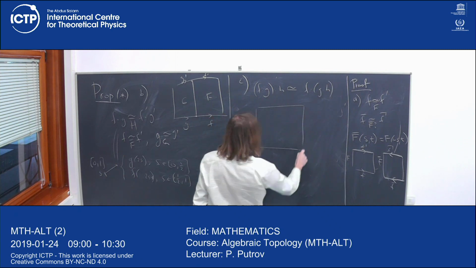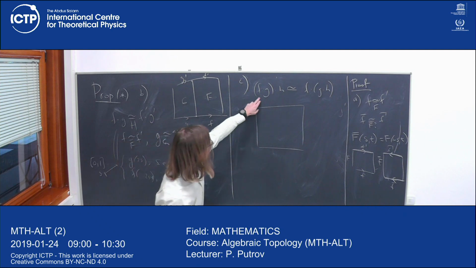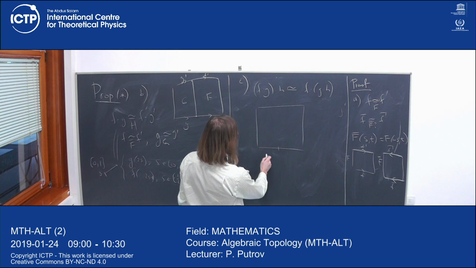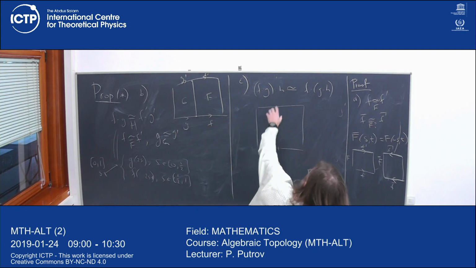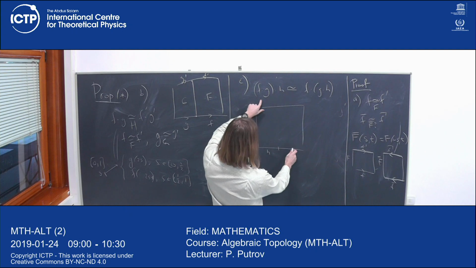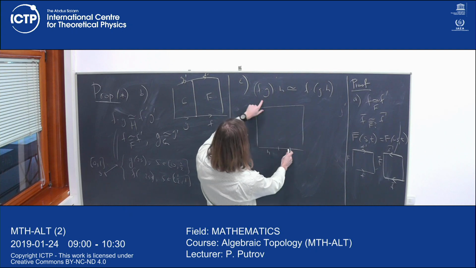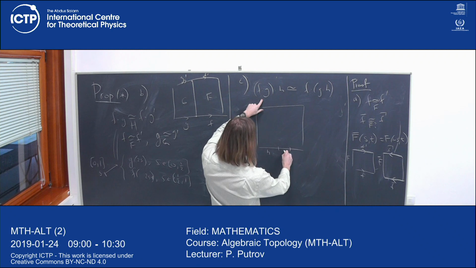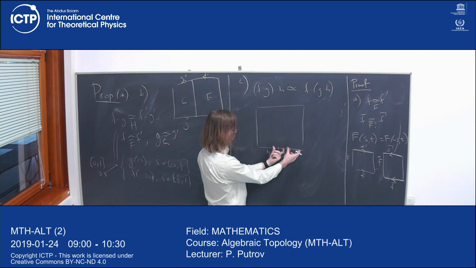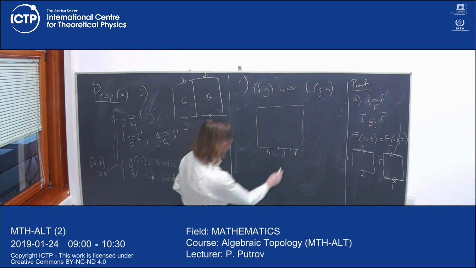So let's first see what we have here. When we compose H with something, we start with H and we put something here. And then we compose here G with F, again by scaling them both by half and combining them together.